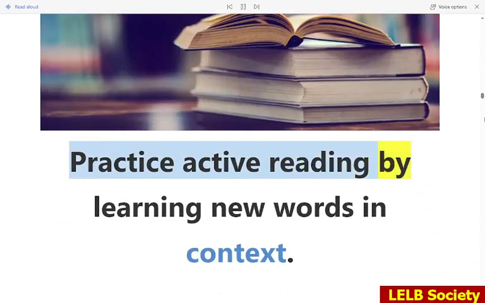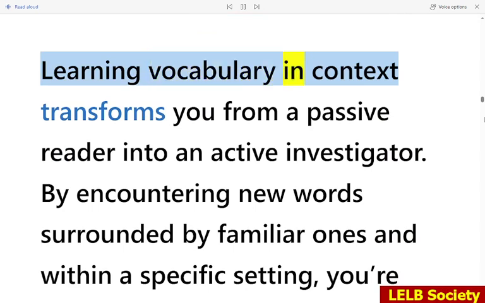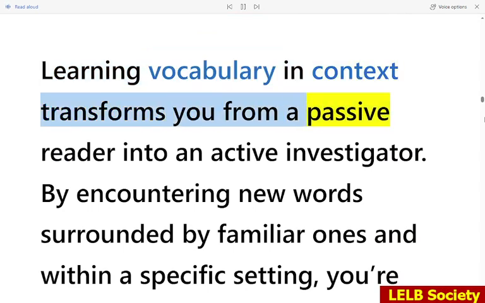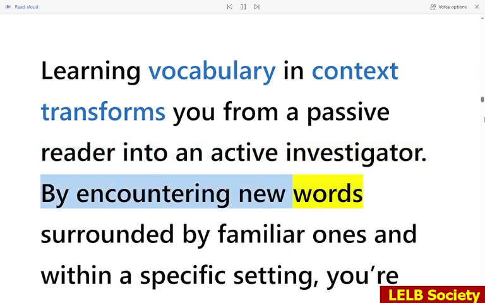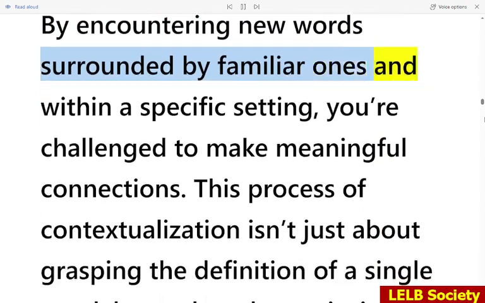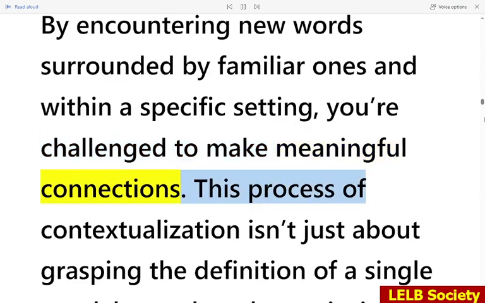Practice active reading by learning new words in context. Learning vocabulary in context transforms you from a passive reader into an active investigator. By encountering new words surrounded by familiar ones and within a specific setting, you're challenged to make meaningful connections.